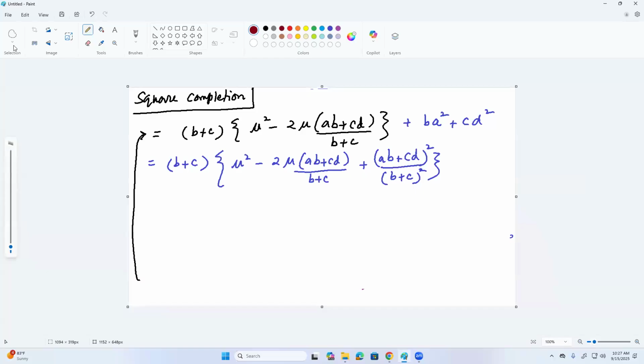Therefore, this technique is really useful. Now, what I did, I have added some extra term that is free from mu, and I need to subtract that term.